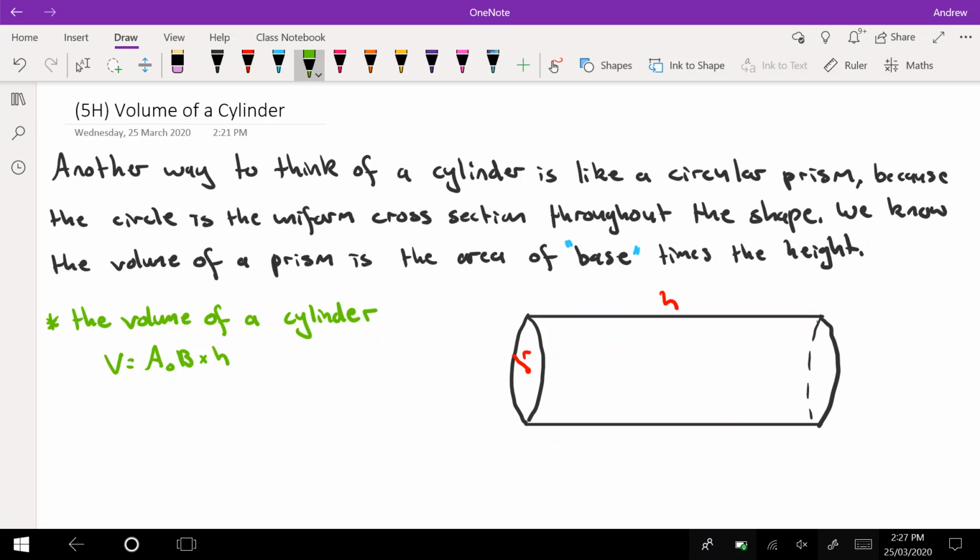If we have a cylinder, what is the cross-sectional base, Tristan? The circle. And how do we find the area of a circle, Owen? Pi times the radius squared.